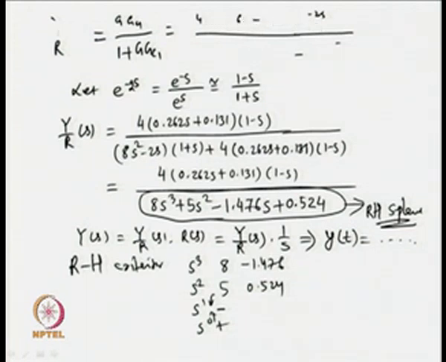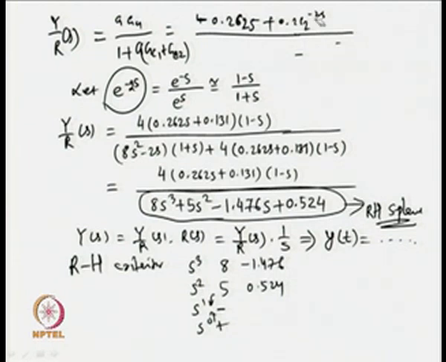Now, when GC2S is not equal to 0, Y upon R(s) can be given as G GC1 upon 1 plus G GC1 plus GC2, and using the approximation e to the power minus 2s, one can find the expression as minus 0.262 s plus 0.262 in the numerator upon s square plus 0.738 s plus 0.262.